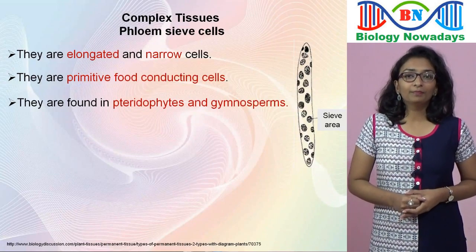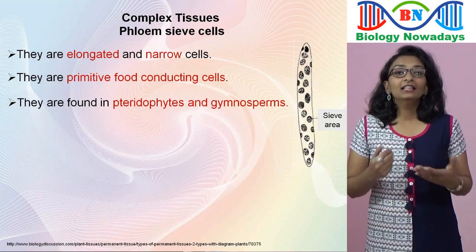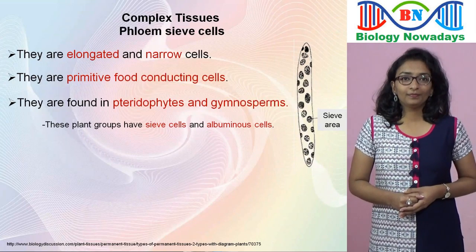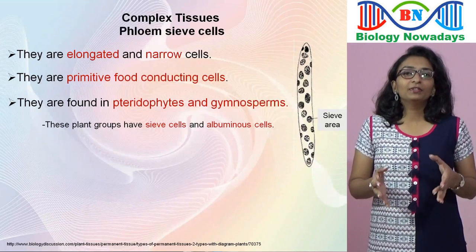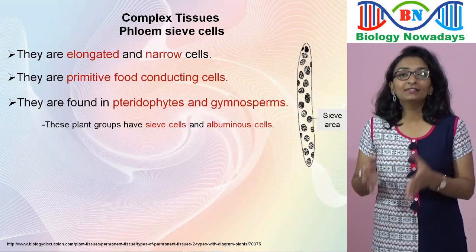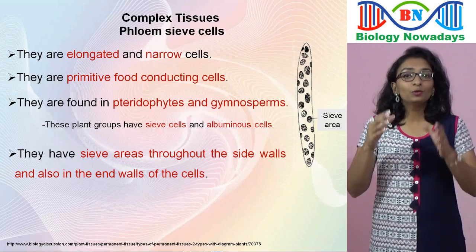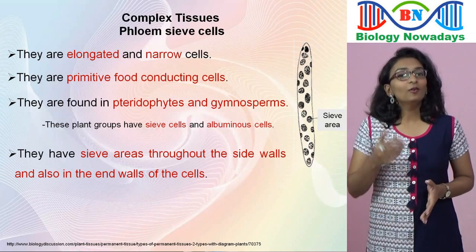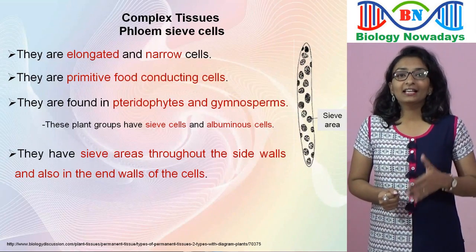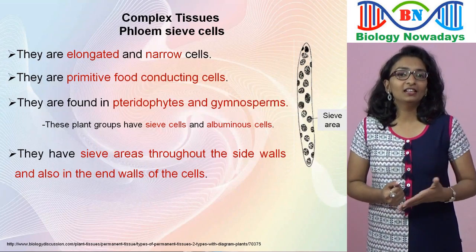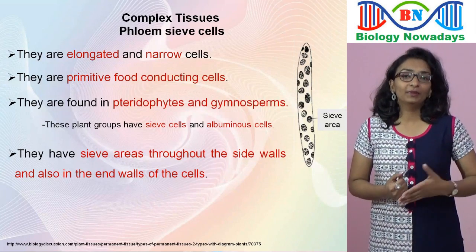Instead of sieve tube members and companion cells, these plant groups have sieve cells and albuminous cells. The main difference between a sieve tube member and a sieve cell is that the sieve cells have sieve areas throughout the side walls and also in the end walls. But as I mentioned earlier, the sieve tube members have sieve areas mainly in the sieve plates.